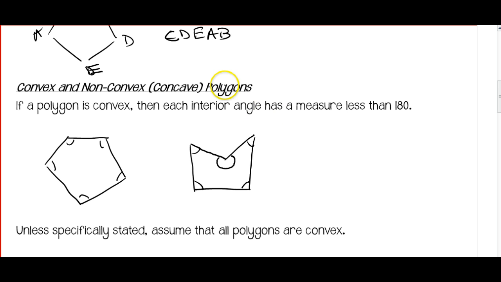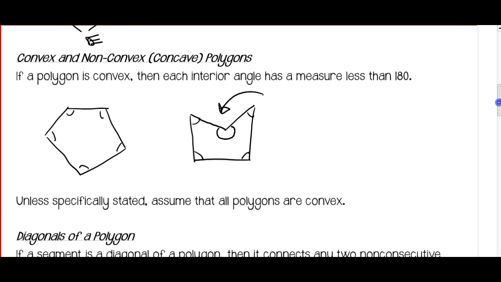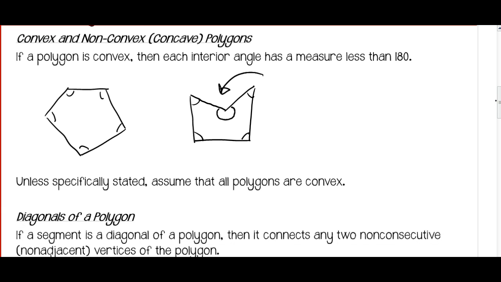One way I like to think about concave, which is also non-convex, is that this side's been pushed in, caved in. Most of the polygons we deal with are going to be convex. There will be a few instances where we deal with concave. So unless specifically stated, assume that all polygons are convex.